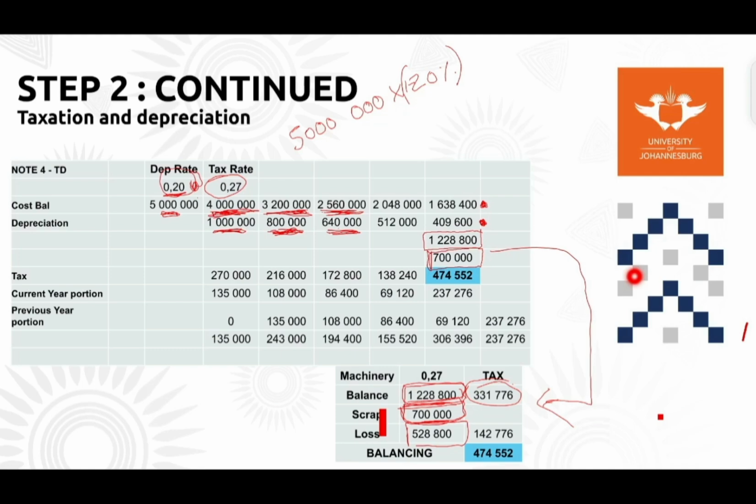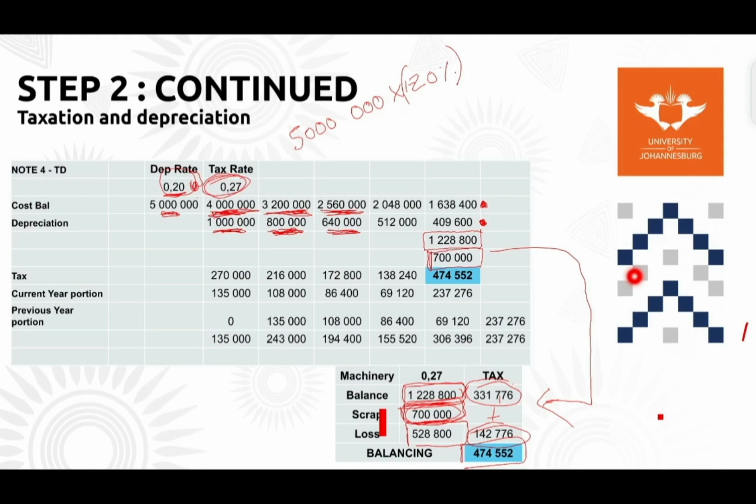Then you're going to say 700 multiplied by the tax amount of 27, and you'll get this amount. And therefore, these two add up to 474, right? That would be the new tax amount, right? Tax value.